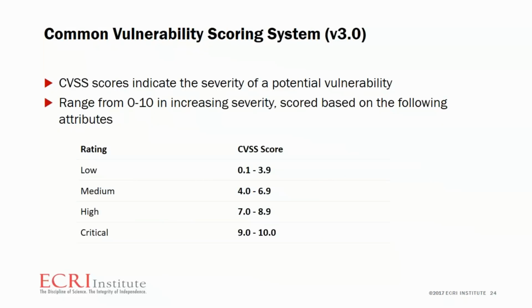So one of the things you can see in a security alert from ICS-CERT is that there are technical details about the vulnerability. We call it the Common Vulnerability Scoring System, version 3.0. The base score is from 0 to 10, 10 being the highest, 0 being the lowest.